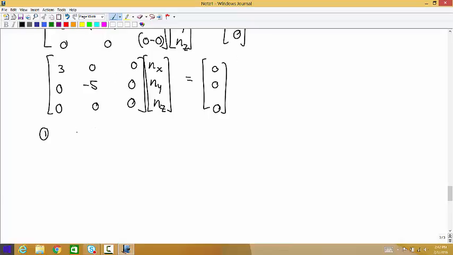The three equations that this gives us are 3nx equals 0, negative 5ny equals 0, and 0 equals 0.